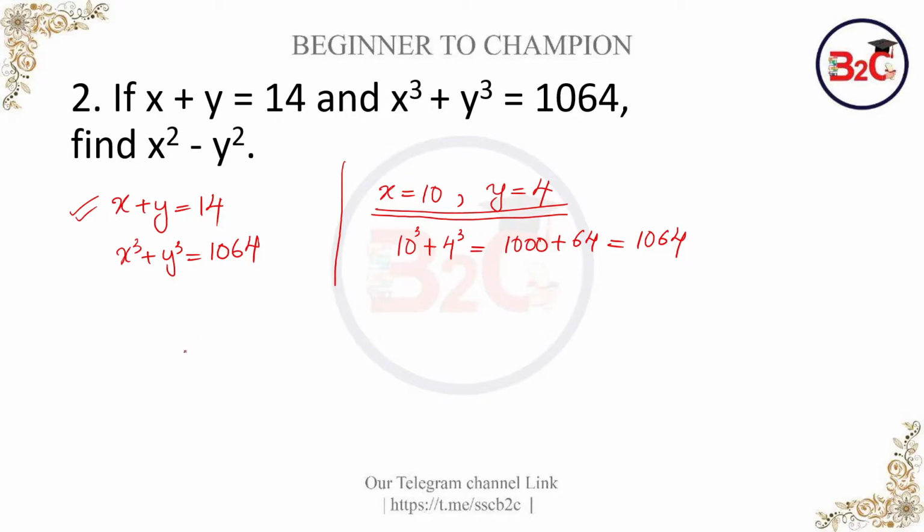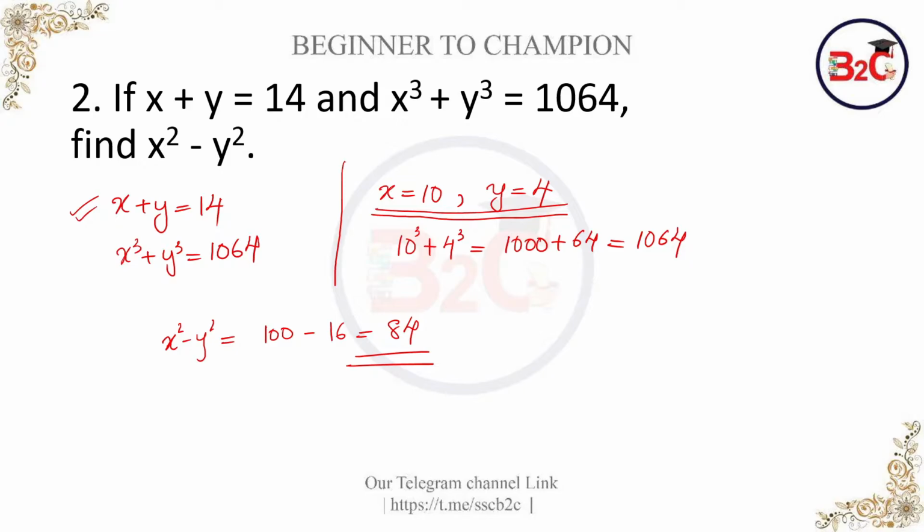So we have two values for x and y which are meeting the conditions given in the question. Then substitute the values x is equal to 10 and y equal to 4 in x square minus y square. We'll get 100 minus 16, which is 84. This is the answer to this question. We did not use any identity or formula to solve this.